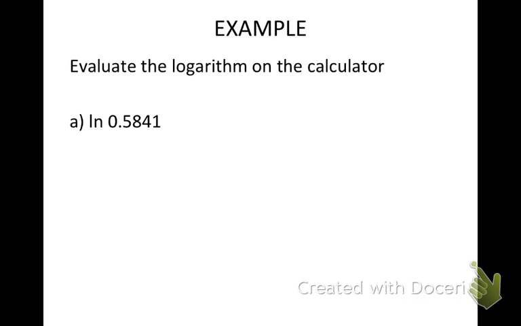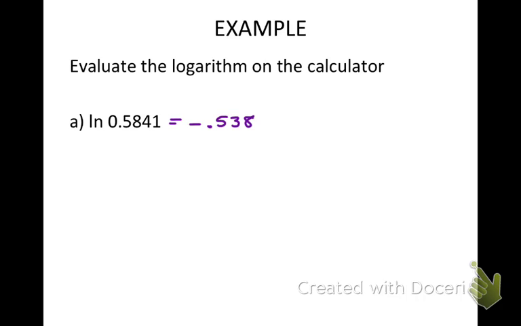If you hit the natural log button, which is the ln of 0.5841, hit enter, we get negative 0.538. We go to 3 decimal places.